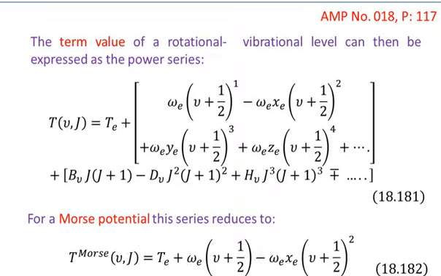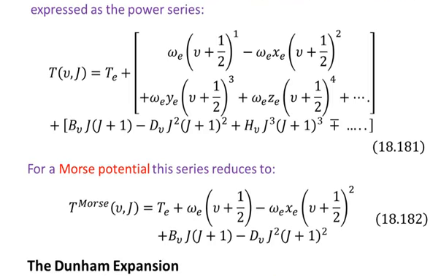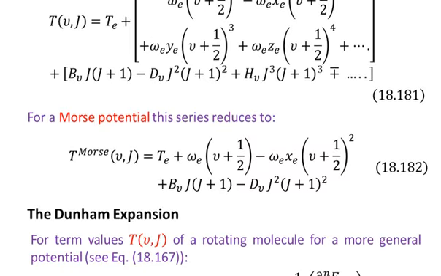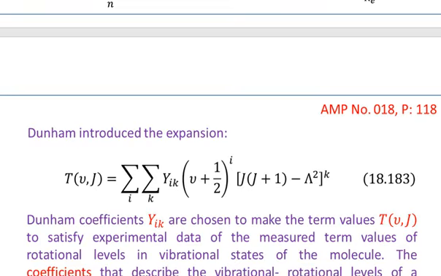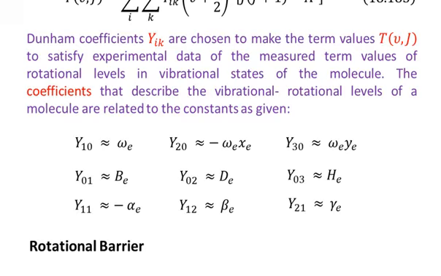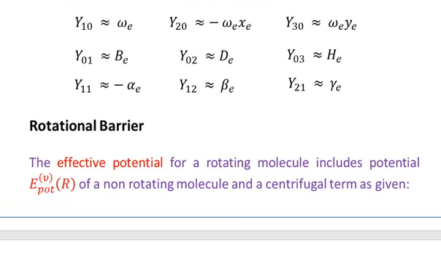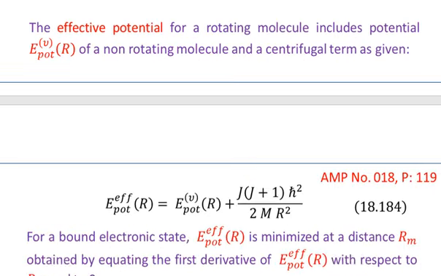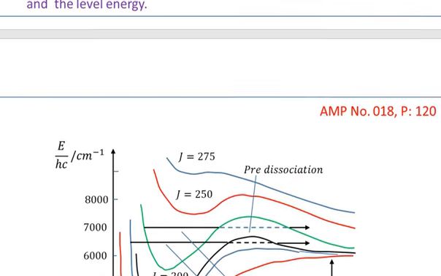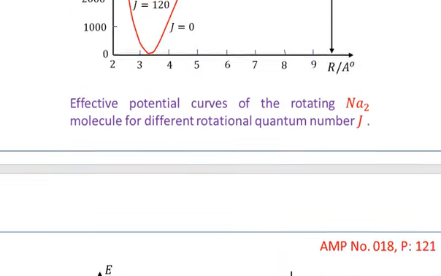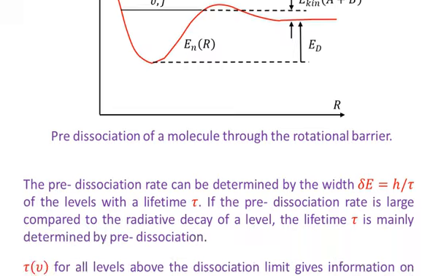Then the Morse potential was used to simplify equation number 181 to equation number 182. Then the Dunham expansion was given, and the expansion formula for the term value is shown in equation number 183, and the Dunham coefficients were given over here. The rotational barrier for the effective potential was explained through these curves and also through this curve.